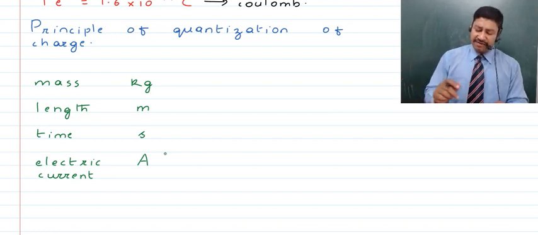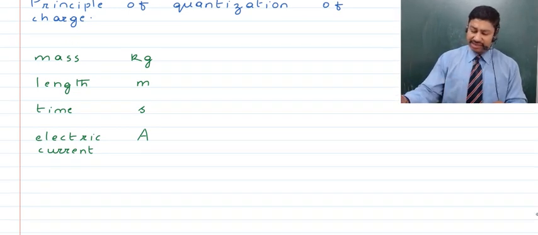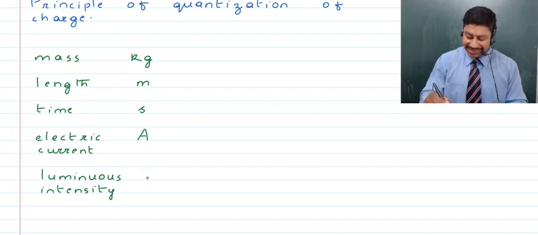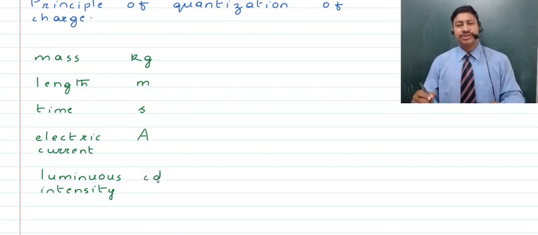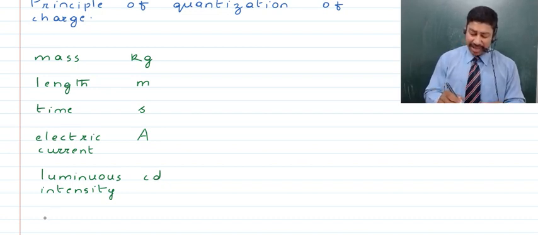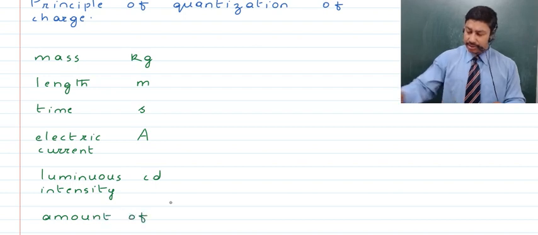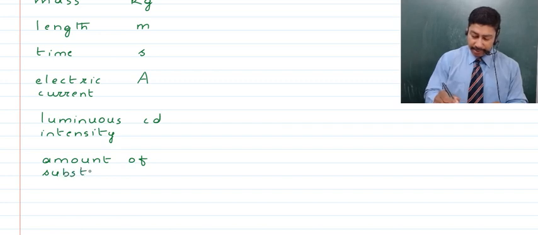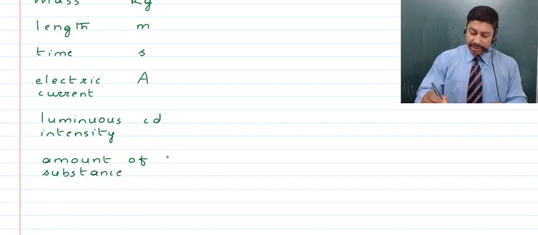Now children, the next physical quantity is luminous intensity. So when we talk about luminous intensity, its unit, children, is candela, right? So this is the unit of luminous intensity, and after this we have amount of substance, and its unit is mole, right?